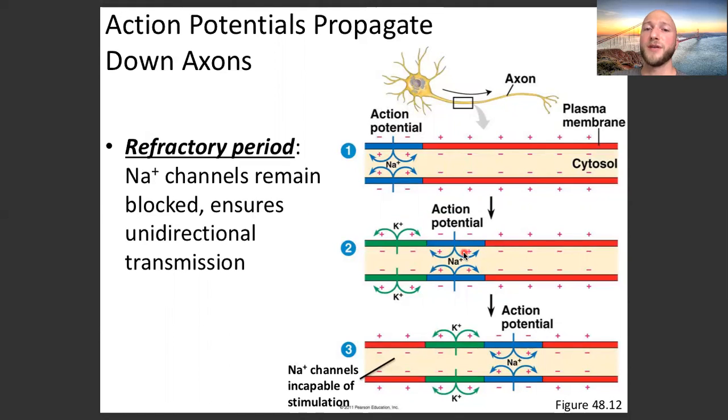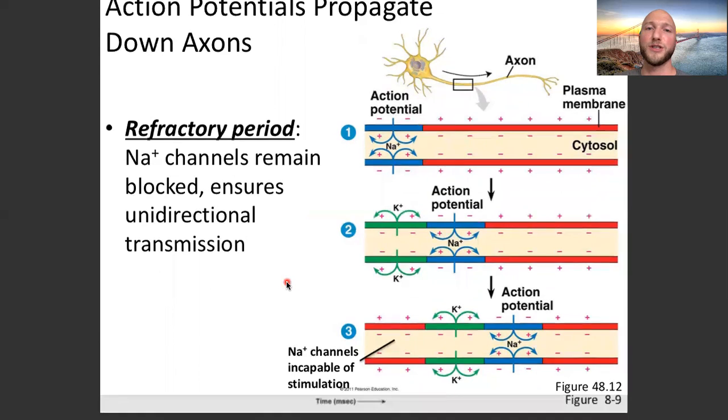That action potential can't go backwards because those sodium channels can't open up. That inactivation gate is blocking them. So it's always going to move in that one direction. Right here, those sodium channels are incapable of stimulation. They're incapable of opening up because of that inactivation gate. This ensures unidirectional transmission.